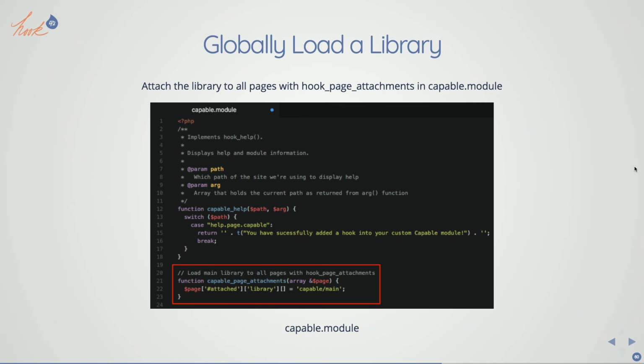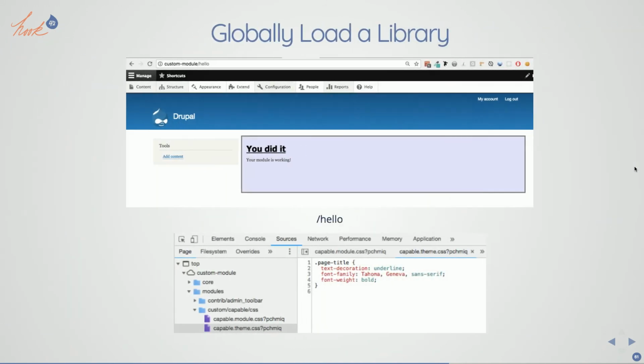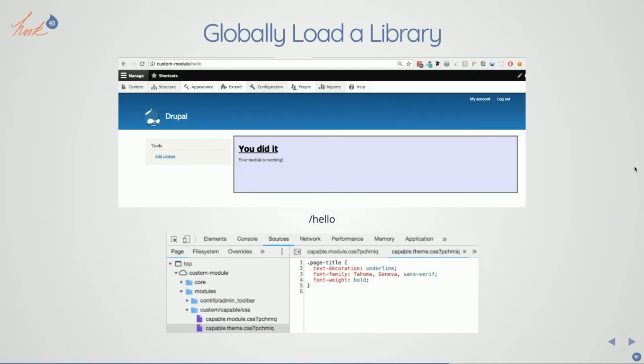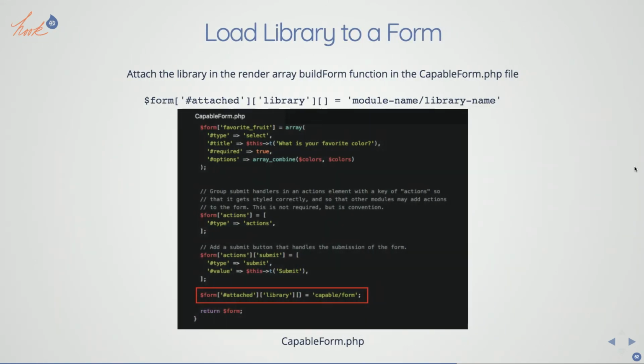So I hacked this a little bit to make sure it loaded on every single page, and you just have to attach that library, the one that we called main, to the page, and that will load that library on every single page. And then if you go to any page on your example site with this module, you can see that that very beautiful purple background is on all of the main content.